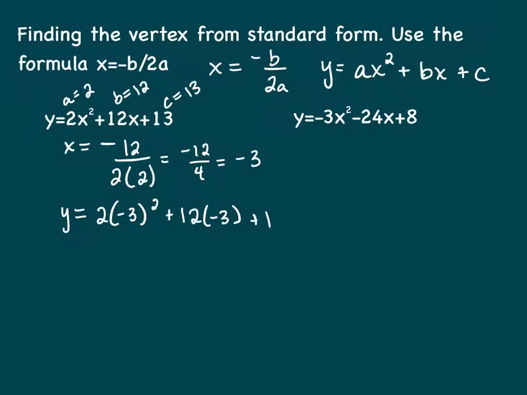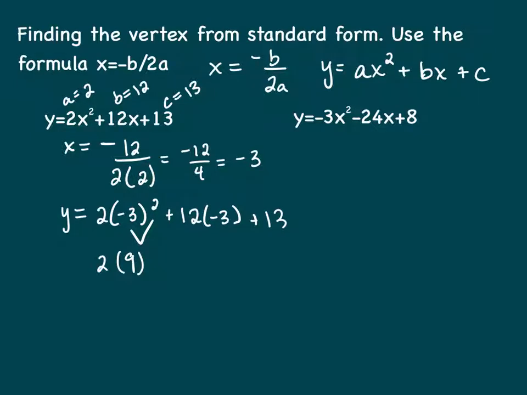And then I evaluate. Now the biggest thing here is that you're using the order of operations, which is parentheses. There's nothing to do inside the parentheses on this particular problem. Next step is exponents. So that means that you are going to do negative 3 squared before you do the multiplication of multiplying by 2. So negative 3 squared is a positive 9.